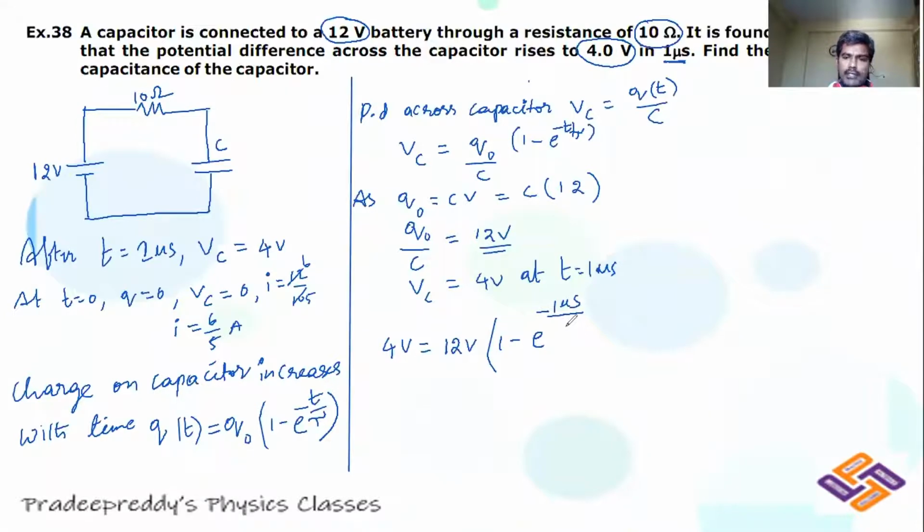You can substitute that, C into R. This is 4 threes are 12, so 1 by 3 is equal to 1 minus e power minus 1 micro divided by CR. Bring this over here: e power minus 1 micro divided by CR is equal to 1 minus 1 by 3, that is 3 minus 1 over 3, which is equal to 2 by 3. Clear?